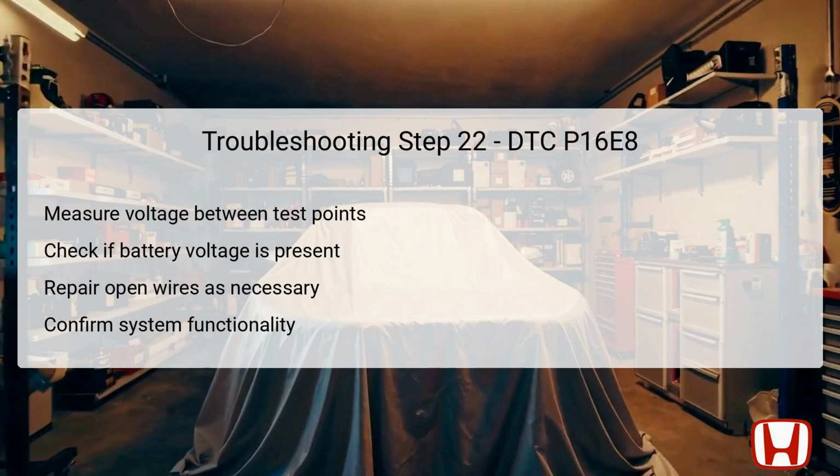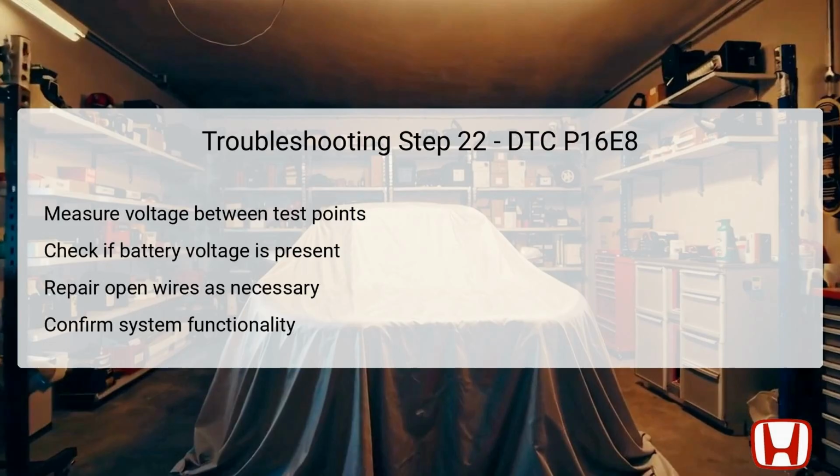The focus of step 22 is to delve deeper into the GND and VMP wiring to assess operational conditions following the fuse checks. Continuing after voltage testing, the technician will measure voltage between specified test points, with the shutter grille's connectors still disconnected.